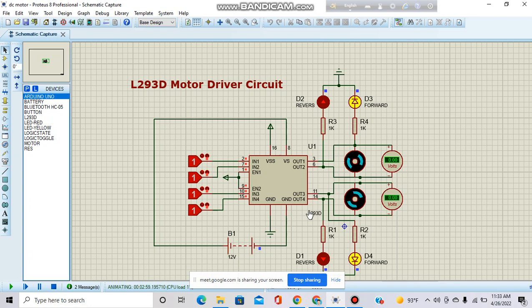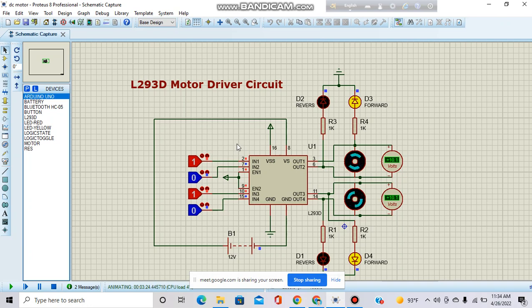In this case, we have all the inputs in high mode and no motors are running, but all LEDs are blinking because we have an interlocking system in our switching: if every input goes high, the motor won't drive, but the LED will notify that we have high mode in all sources, and we have to change any one source from high to low.